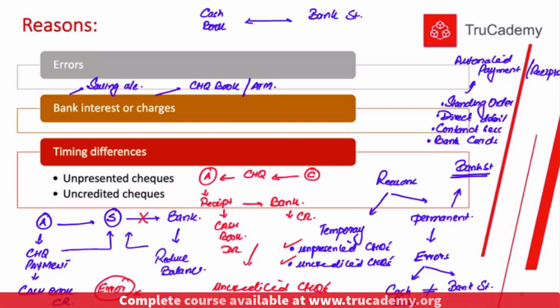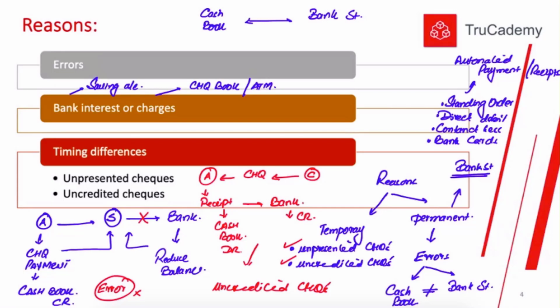We need to spot them, identify them, and make adjustments so we can see whether, when these timing differences are resolved, my cash book and bank statement balances match up or not. So these are the reasons. Two main reasons, temporary reasons.